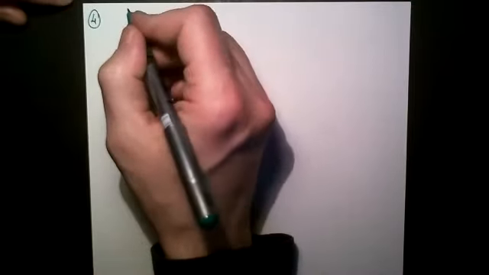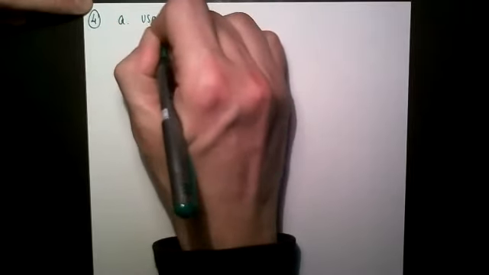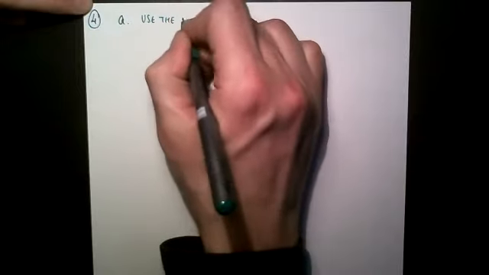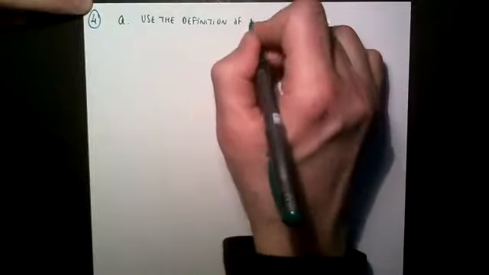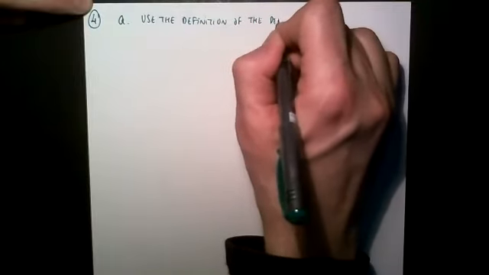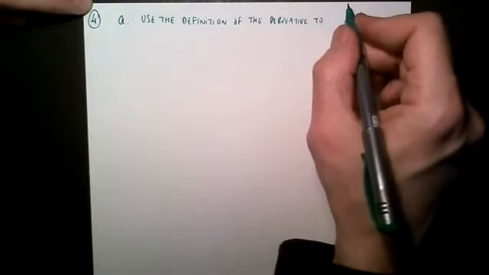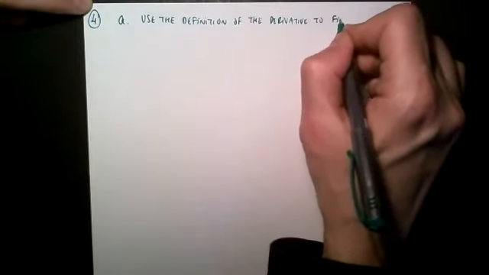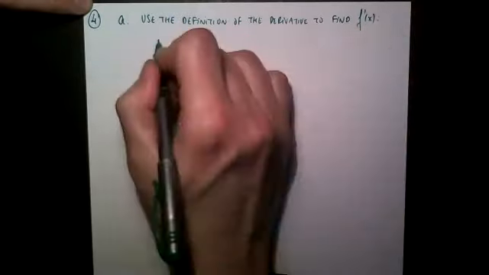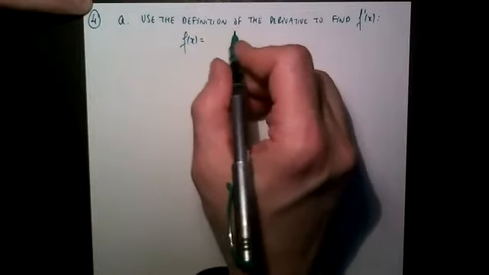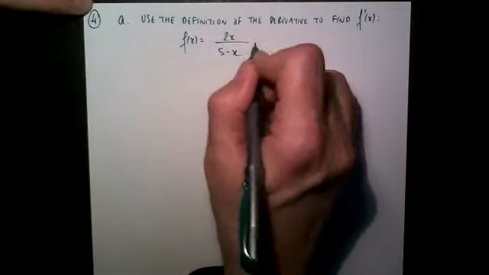A, use the definition of the derivative to find f prime of x, where f of x is equal to 2x over 5 minus x.